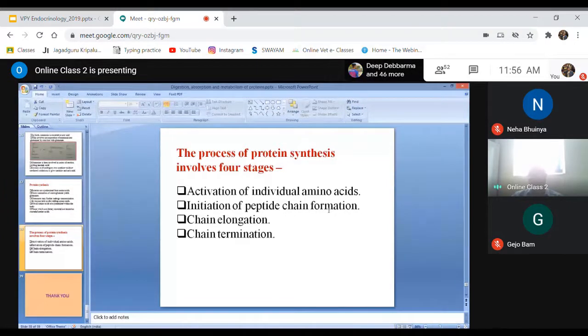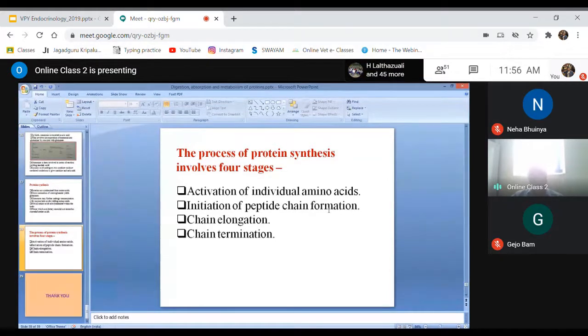Therefore, the animal ultimately will not get microbial protein. Moreover, absorption of protein or amino acid will be very less in the large intestine. Therefore, hindgut fermentation or hindgut digestion of protein in monogastric animals is not so significant.